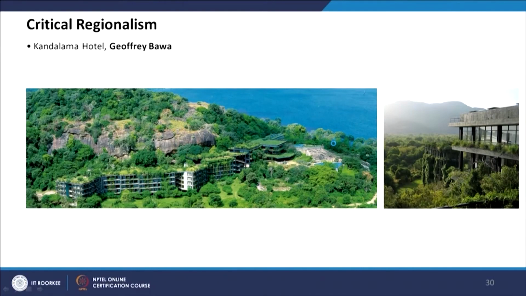His works are very important in a critical regionalism aspect. So this is the Kandalama Hotel, which is set in Sri Lanka. If you look at the hotel, it does not disrupt the terrain of this hill at all.